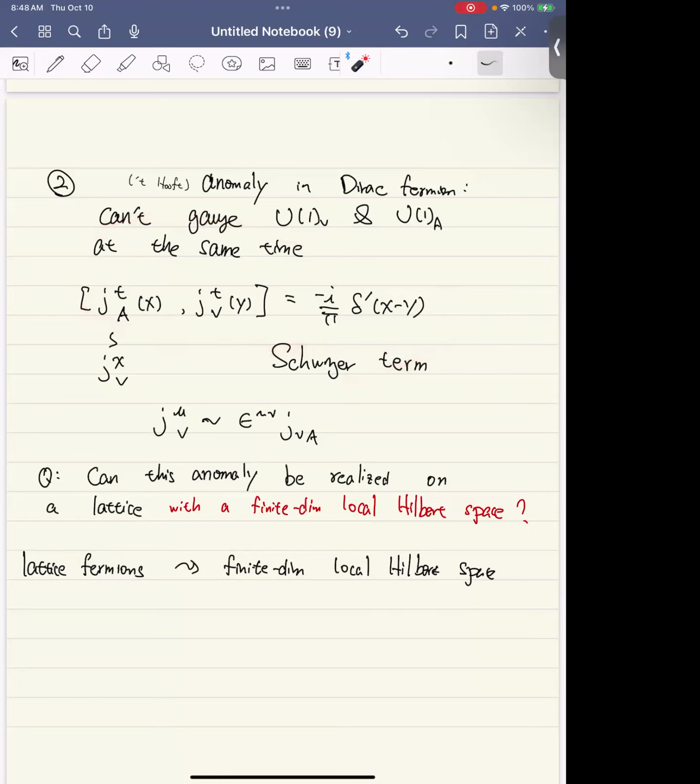You have to work in the bosonized picture. And third, if you have a finite dimensional local Hilbert space, computationally that's much less expensive than working with an infinite dimensional local Hilbert space. Working with an infinite dimensional local Hilbert space means that you have to do an integral over the degrees of freedom locally. But if you just have a qubit on every site, then you just have to sum over it.